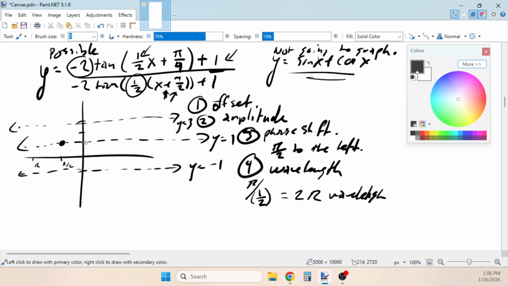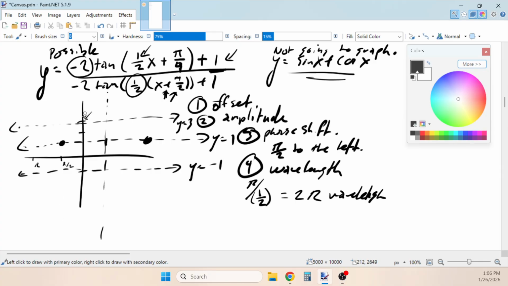So we're going to count over 1, 2. Here's the end of the wavelength. Halfway between the two ends of a wave, we have an asymptote. Halfway between the asymptote and the node, we hit either the crest line or the trough. Normally, you hit this point on a tangent.